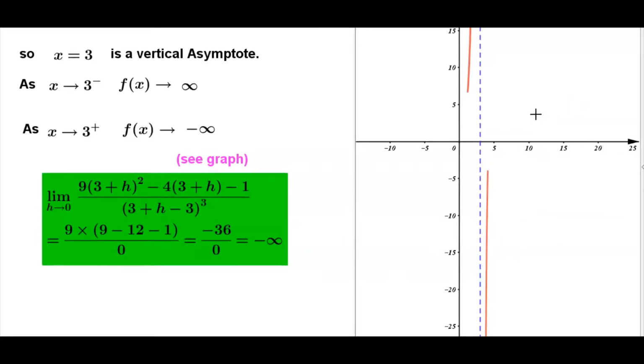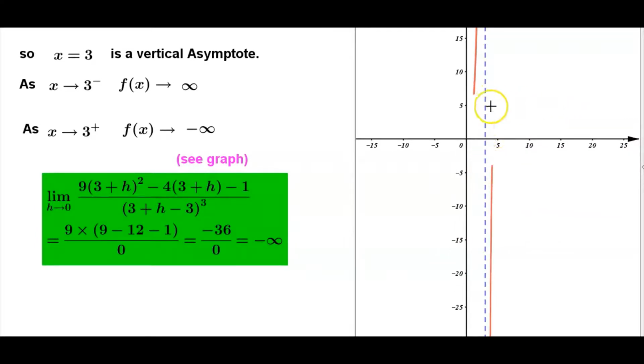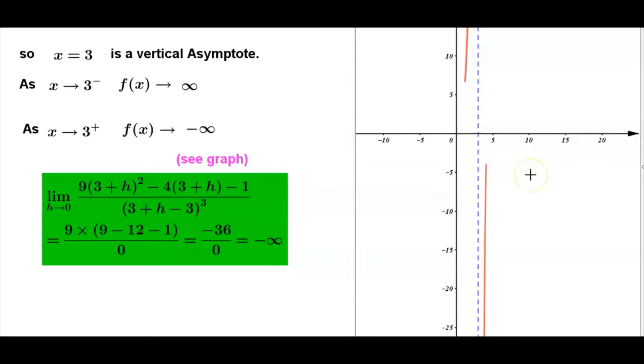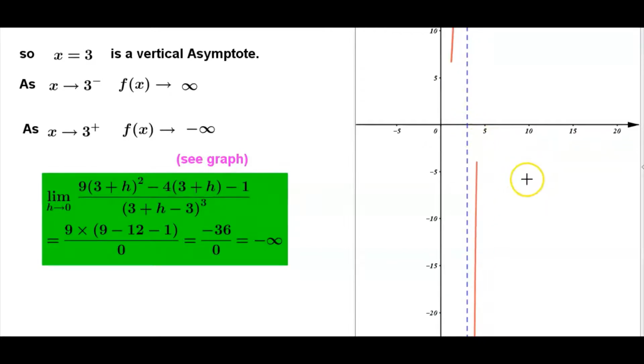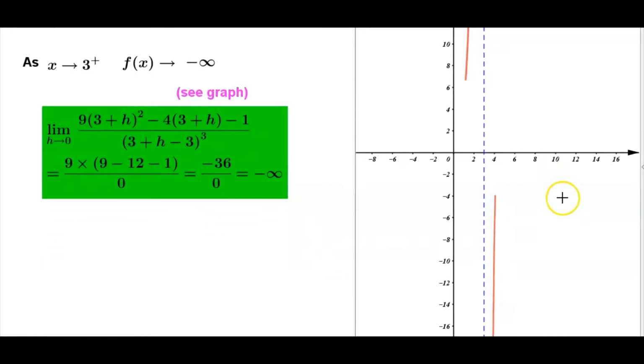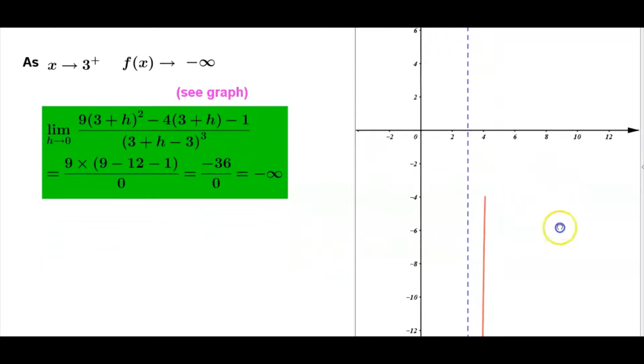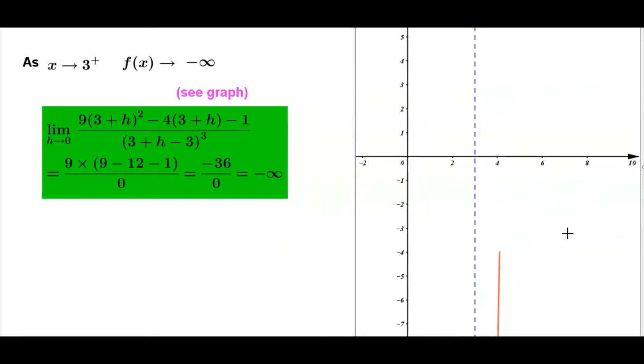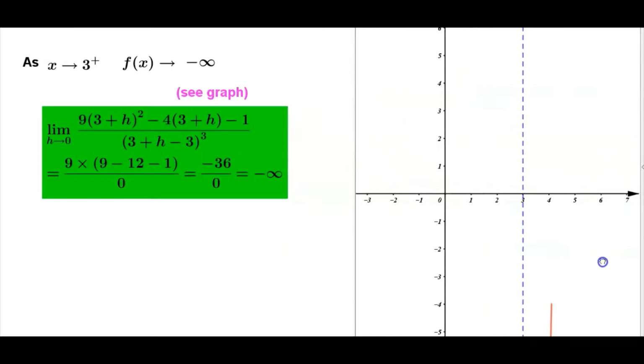The figure: x is equal to 3. This is the left hand limit. This is the right hand limit. x equals 3 is the asymptote.